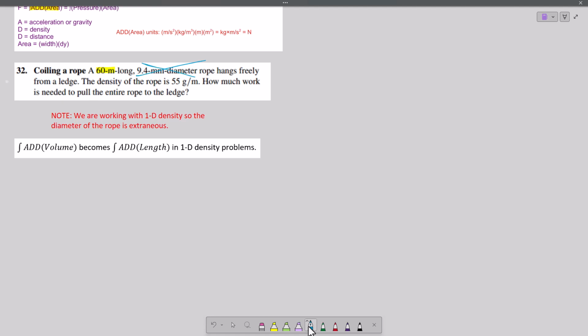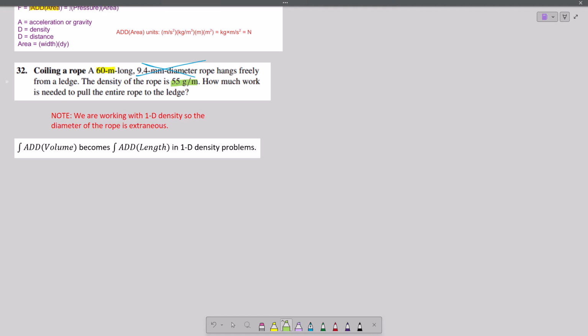How do we know that this is one-dimensional instead of 3-dimensional? Well, if you look at this density function, they give it as grams per meter, not grams per meter cubed. If they gave us a density function that was grams per meter cubed, then we would need to do the ADD volume because they've given us a density that's measuring a volume density, not a length density. So that's how we know right there.